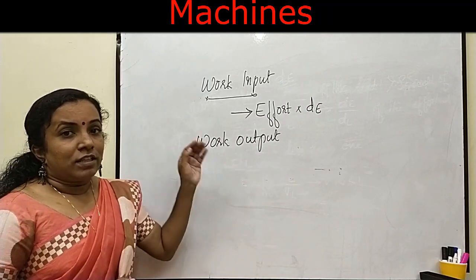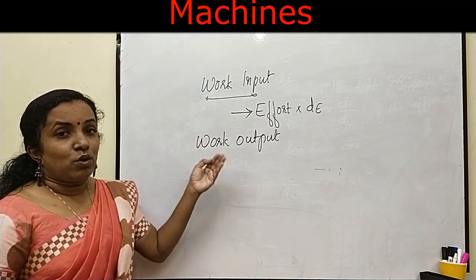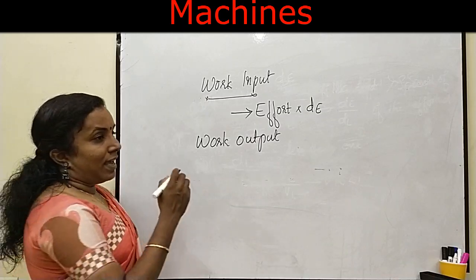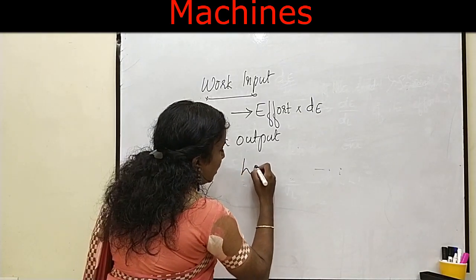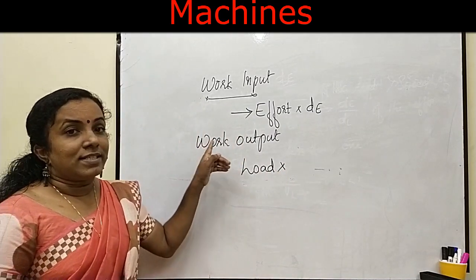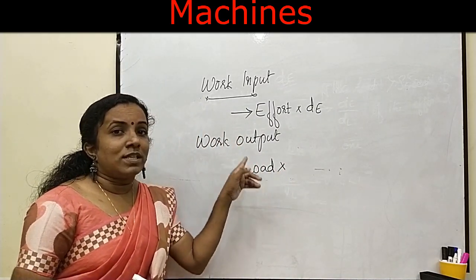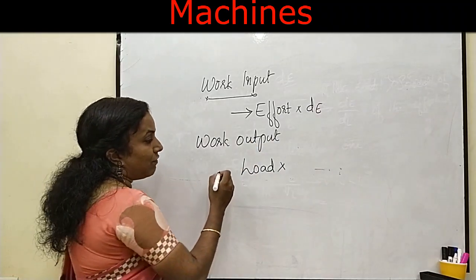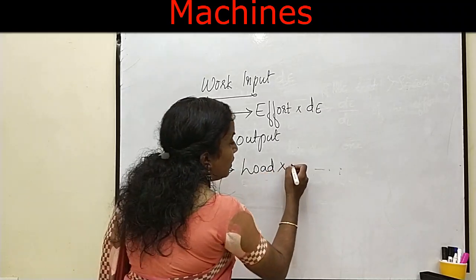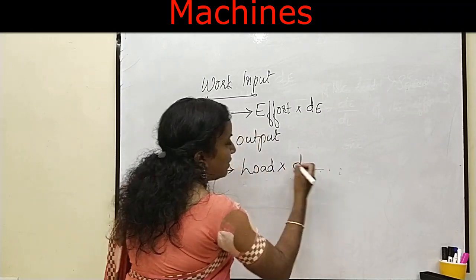So here the force is used to overcome the resistive force offered by the load. Hence here the force is load and when it does the work it moves the load. So here work output is equal to load into displacement traveled by the load.